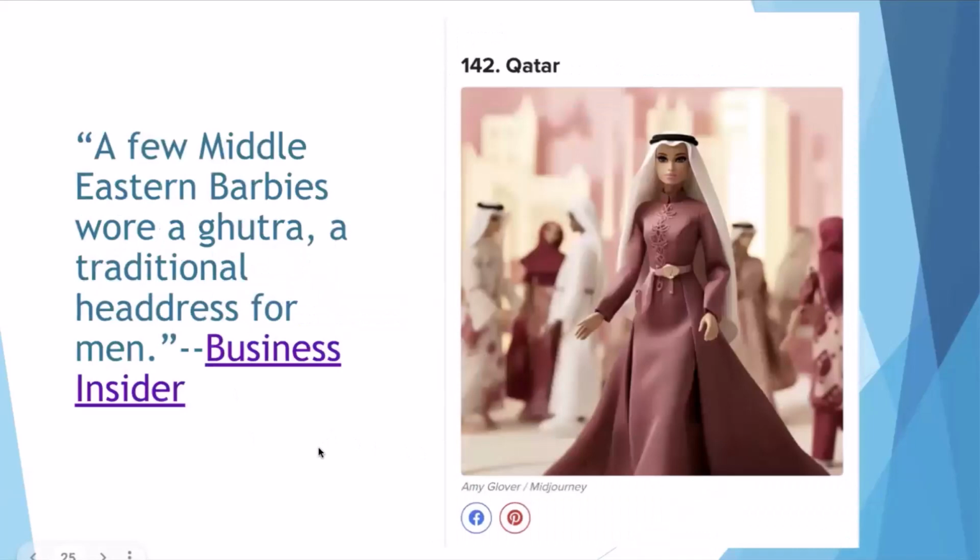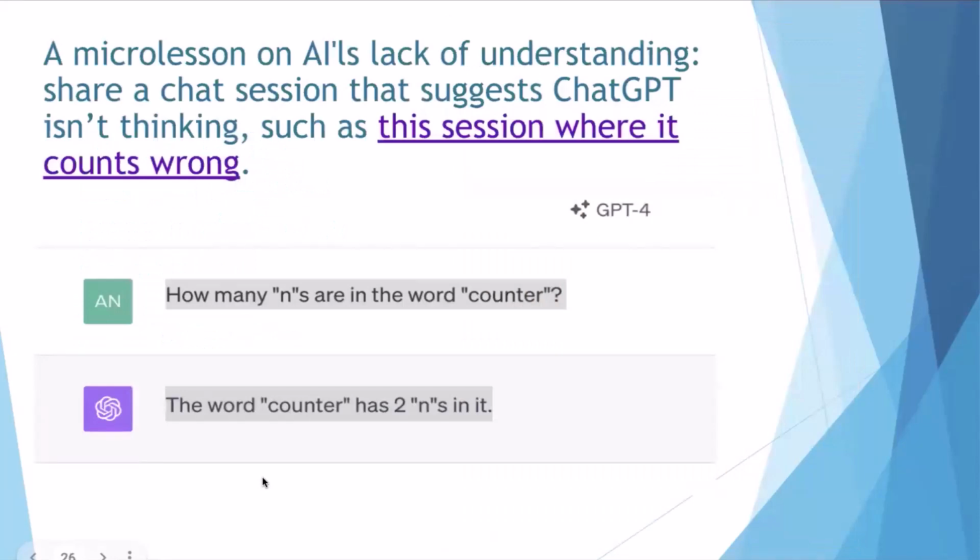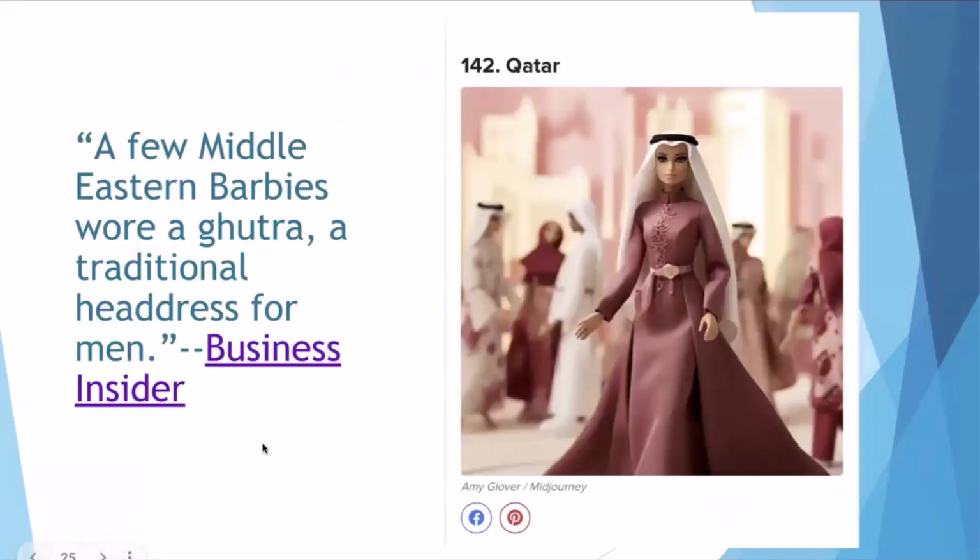And some of the Middle Eastern Barbies were wearing what's actually a traditional headdress for men. So these are very embarrassing gaffes and stereotypes that are very essentializing of these cultures. So clearly that could be extended. Students could experiment with it, learn more, do things in relation to their own identities, or it could be a 5-minute reminder: this is what these systems do, right?